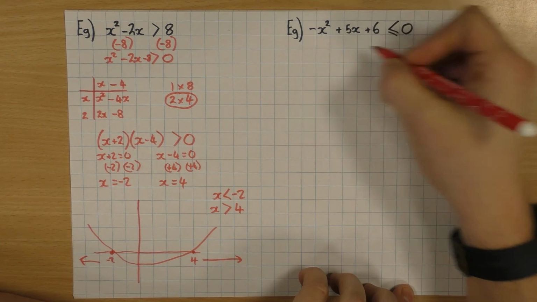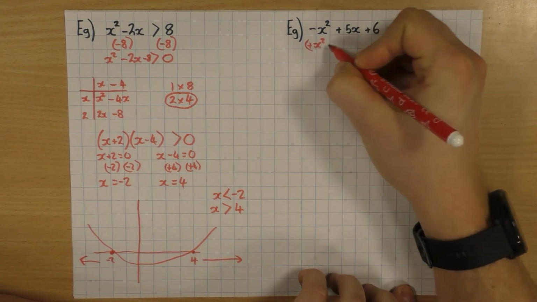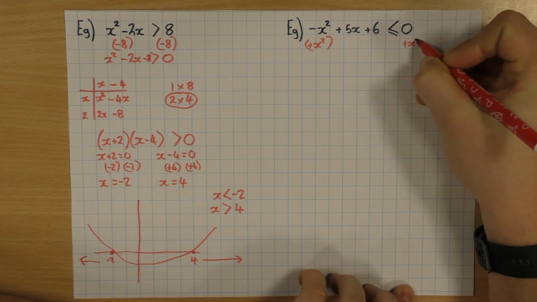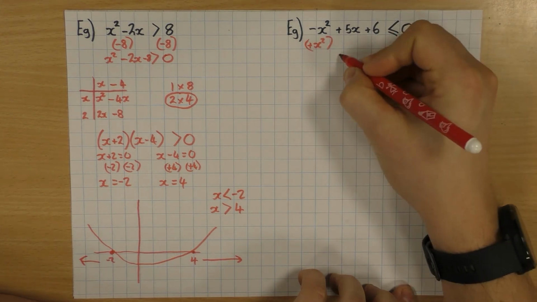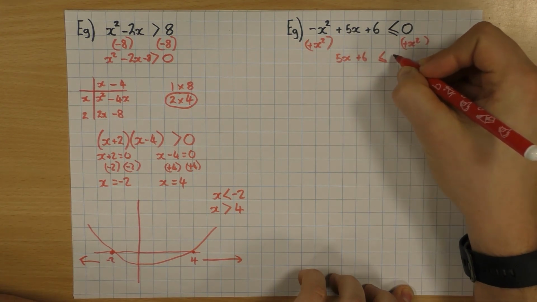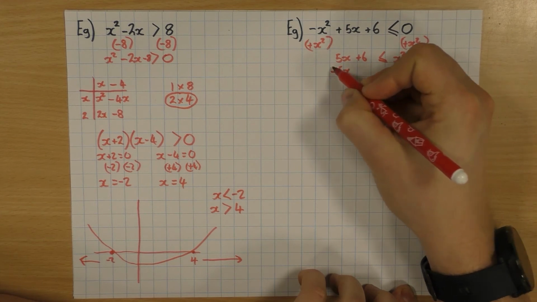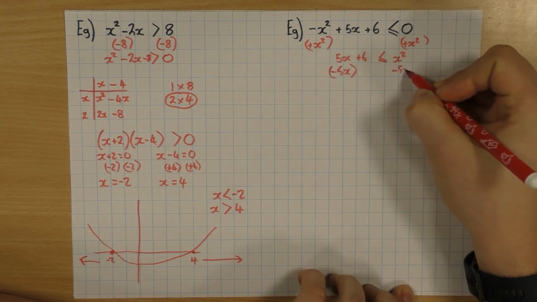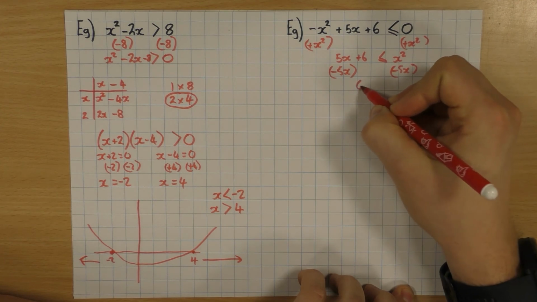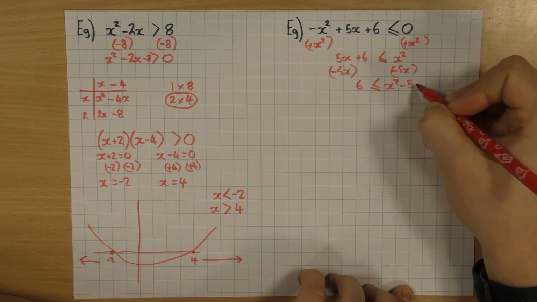So all you're going to do is just rearrange it and take it all over to this side. So to do that, I'm going to add x squared to both sides, which leaves me with 5x plus 6 less than or equal to x squared. Then I'm going to minus 5x to both sides, so I'll have 6 is less than or equal to x squared minus 5x.